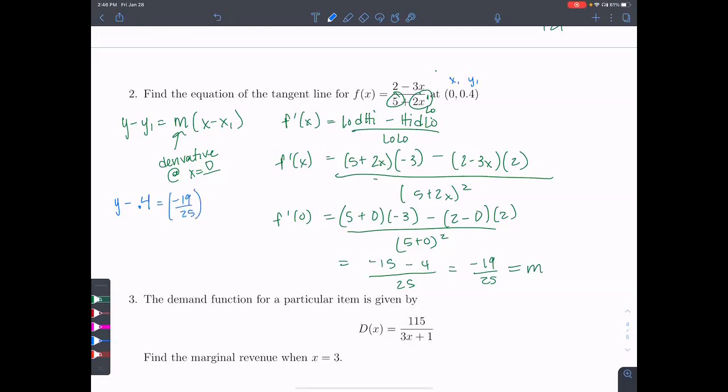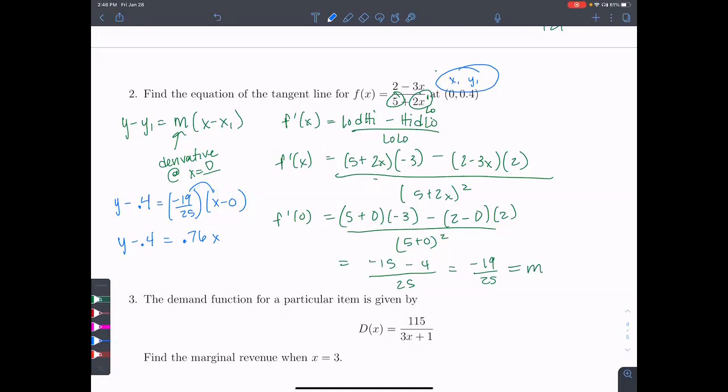I don't have a calculator handy, or I would put that in a decimal to make all of this match. That's 0.76 maybe, times x minus 0, x minus x1, which is 0. Again, that's from this ordered pair. Y minus 0.4 equals, I believe this is 0.76 x, and then distributing this gives you 0.